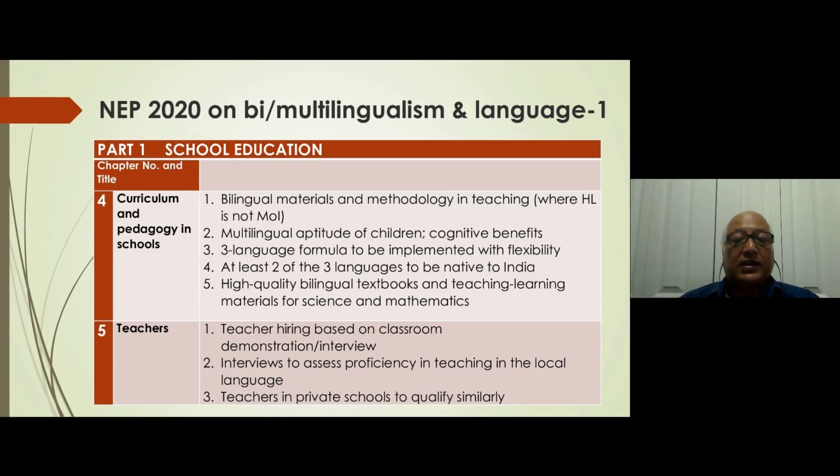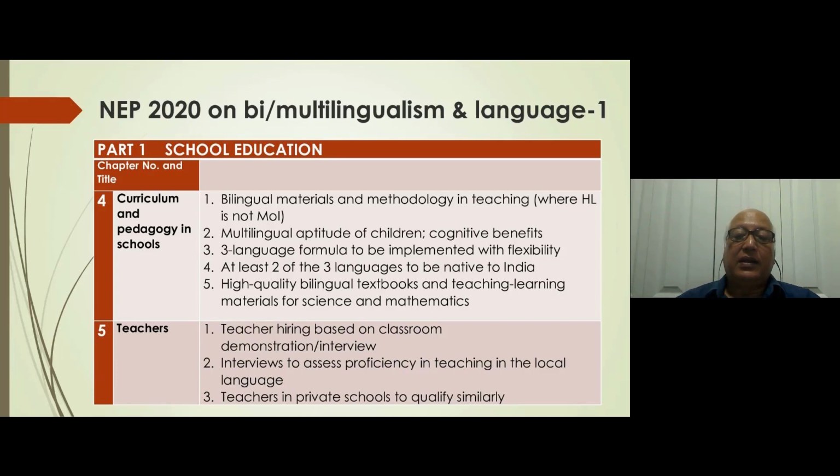There is a mention and discussion of the three-language formula, which is to be implemented with flexibility, and the three-language formula should be set up for the states in such a way that at least 2 of the 3 languages should be native to India. That is a point which comes up, I think, more than once.